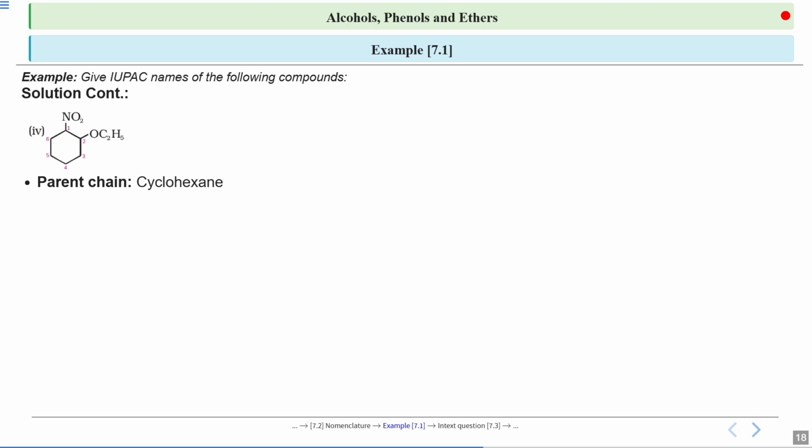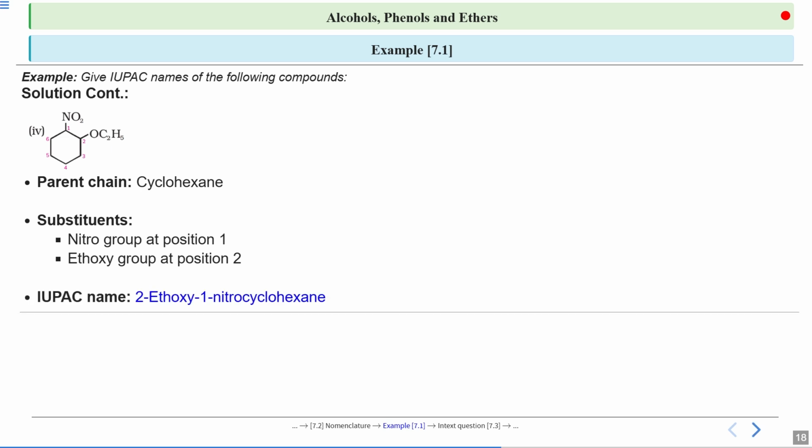The substituent at the first position is a nitro group, and at the second position we have an ethoxy group. So the IUPAC name will be, in alphabetical order, first the substituent names, 2-ethoxy, 1-nitro, and then the parent chain, cyclohexane. So 2-ethoxy-1-nitrocyclohexane will be the IUPAC name for the fourth compound.